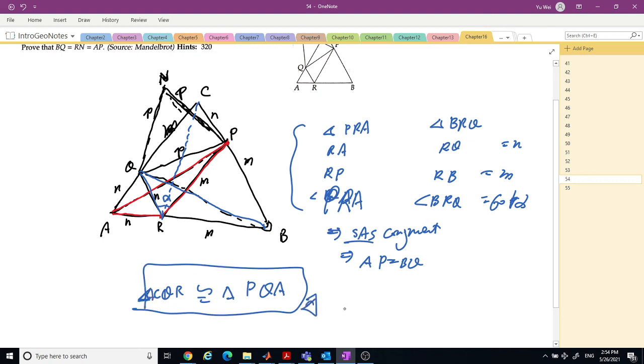You can also prove this. Then you can prove CR equals AP. Then by combining together, AP equals BQ equals CR.